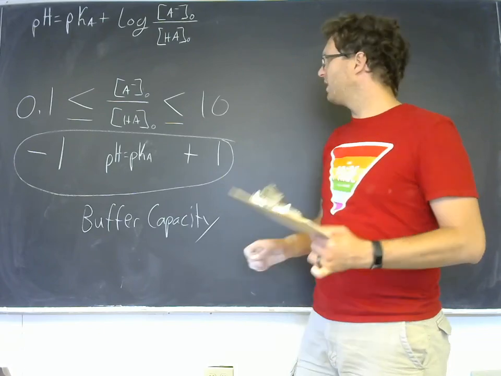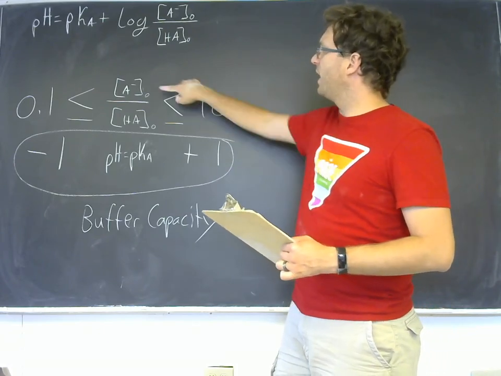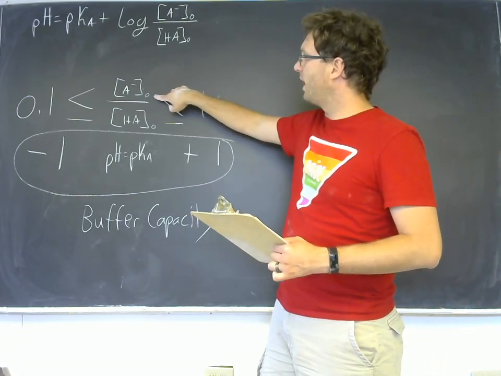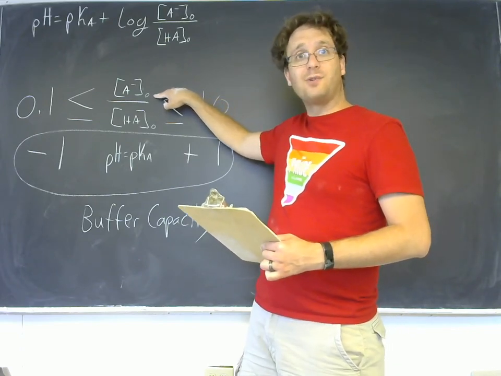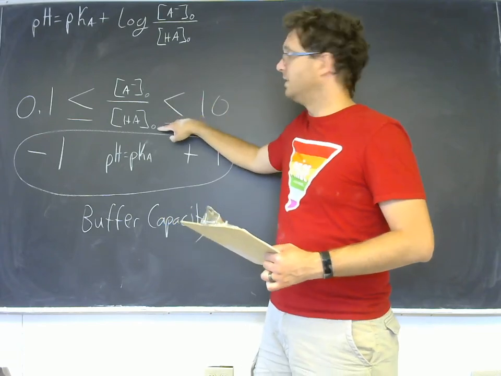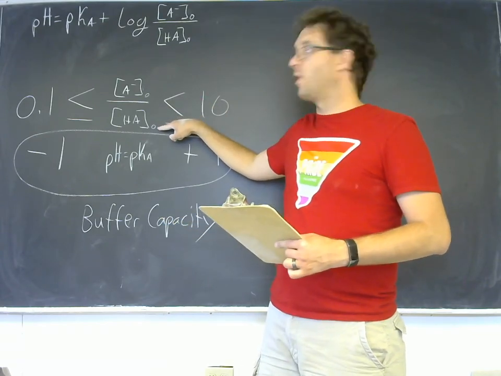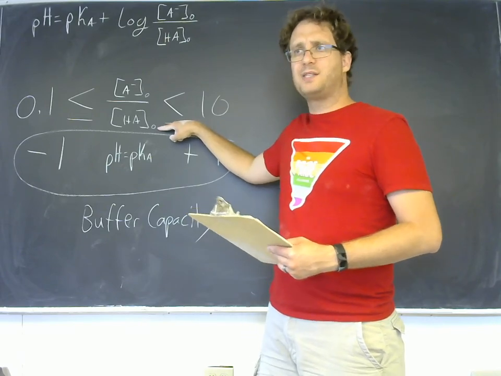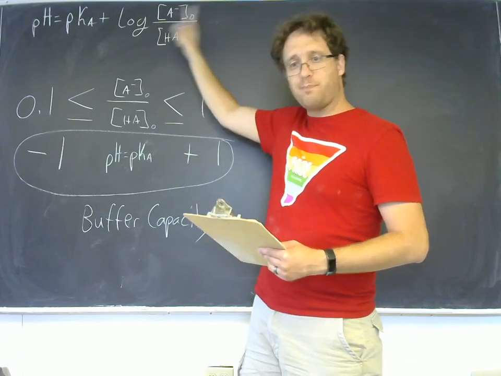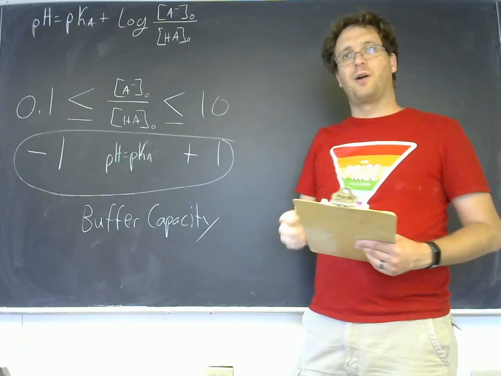In particular, you can easily get to the point where you should have a zero amount of your base left if you add enough acid, or zero amount of your conjugate acid if you add enough base. And those will blow up mathematically for one reason or the other.